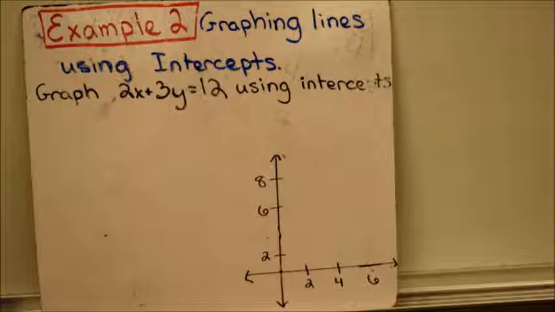So now that we know how to find our x and y intercepts, we can graph using them. We're going to graph the equation 2x plus 3y equals 12 using its intercepts. First we need to find them.